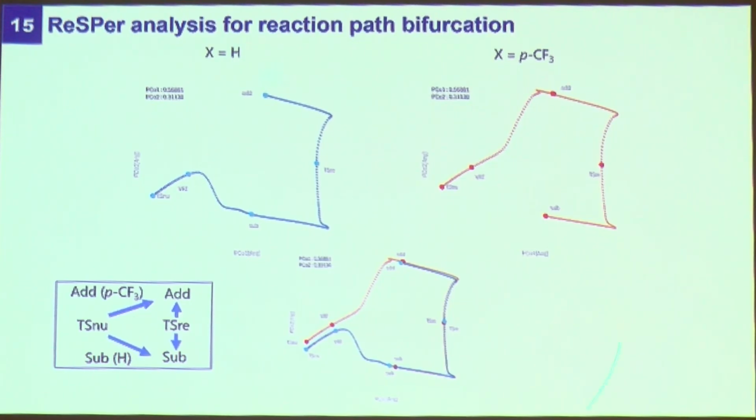So this picture provides a very intuitive picture for this reaction. Actually, these two are different molecules, but in this analysis, we eliminate the substituent part, and the bromo atom is also eliminated.